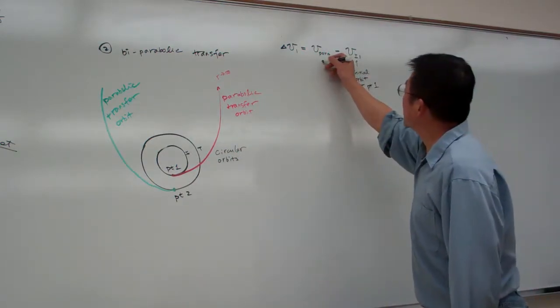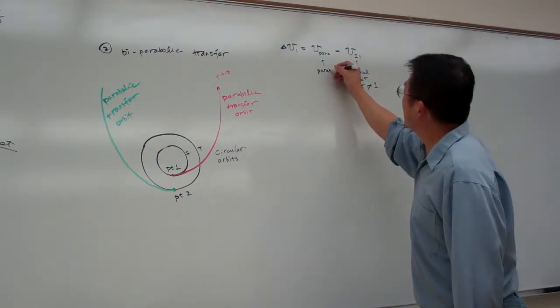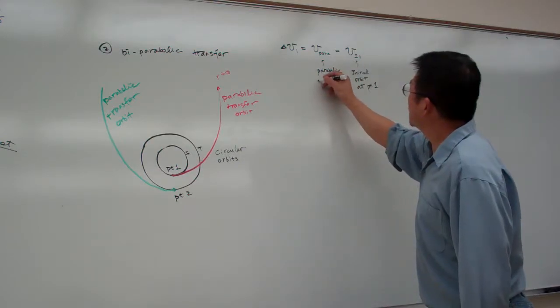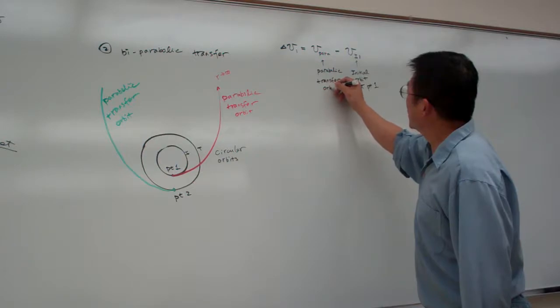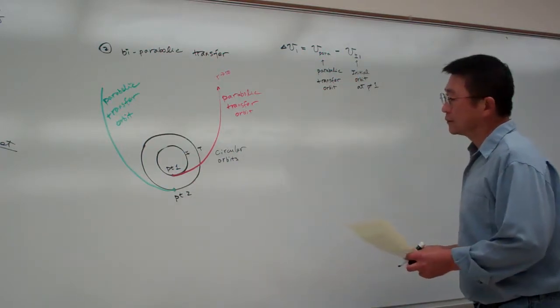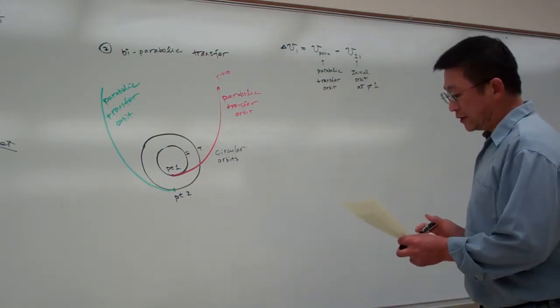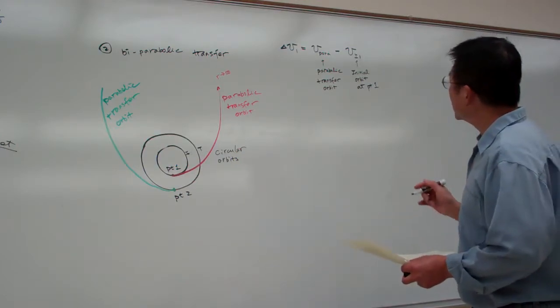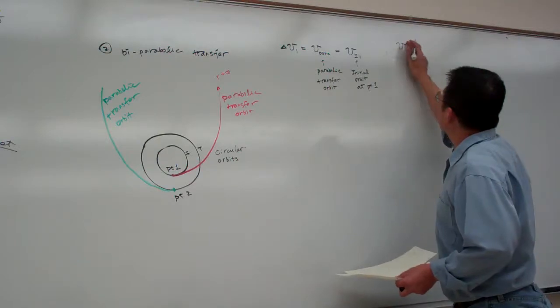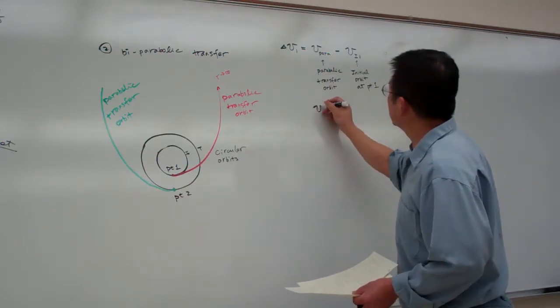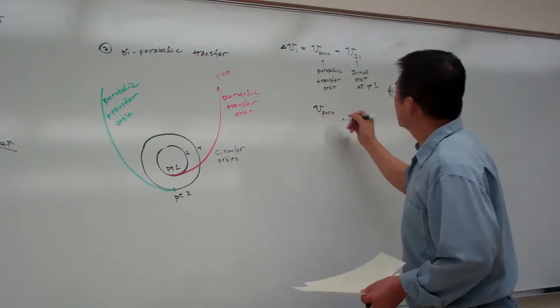So this is the parabolic transfer orbit. Okay. So from here we can determine V parabolic.